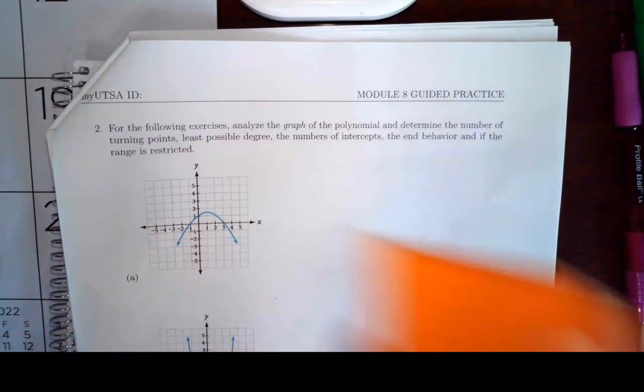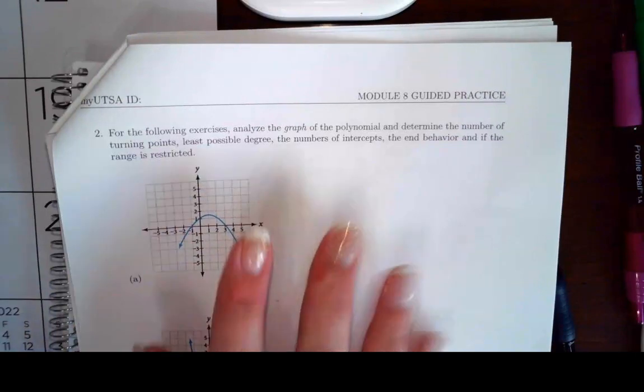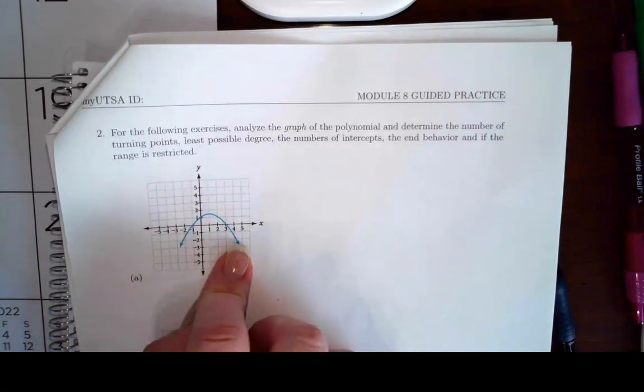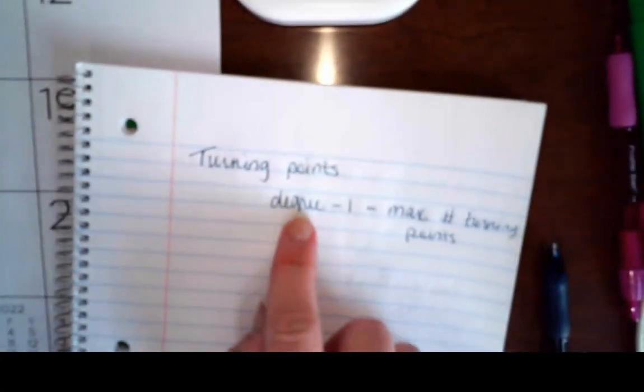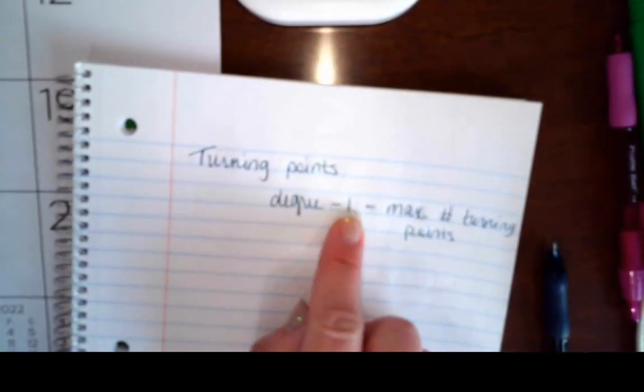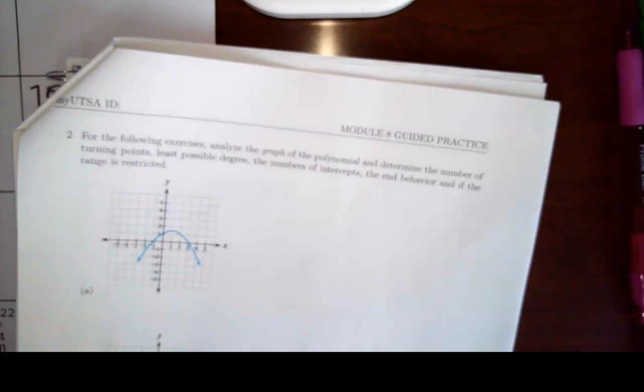If the maximum number of turning points is the degree minus 1, that means that this must be a second degree, because 2 minus 1 would give me my 1 turning point that I have.